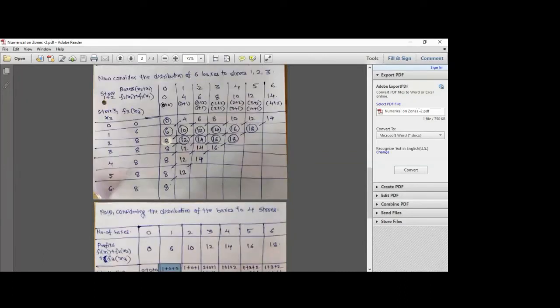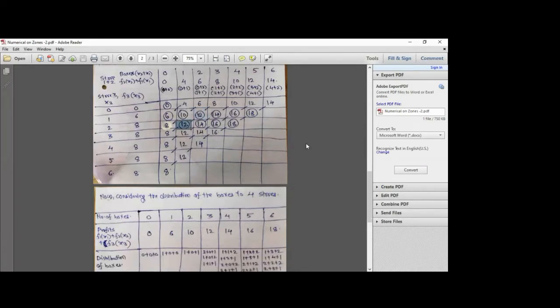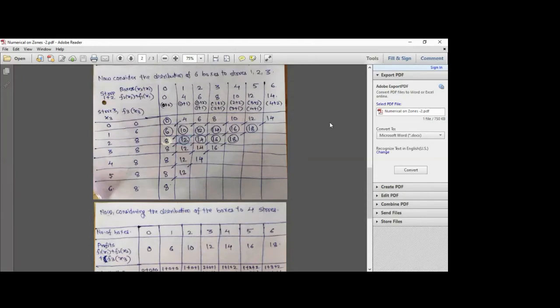Right, for 2 crates, what is the x3 value? Now look, there are two combinations here, and 12 is the maximum. So here it will be 1 plus 2, and here it will be 2 plus 1. Particularly we were talking about 2, sorry, for 2 it is 10 here, right?